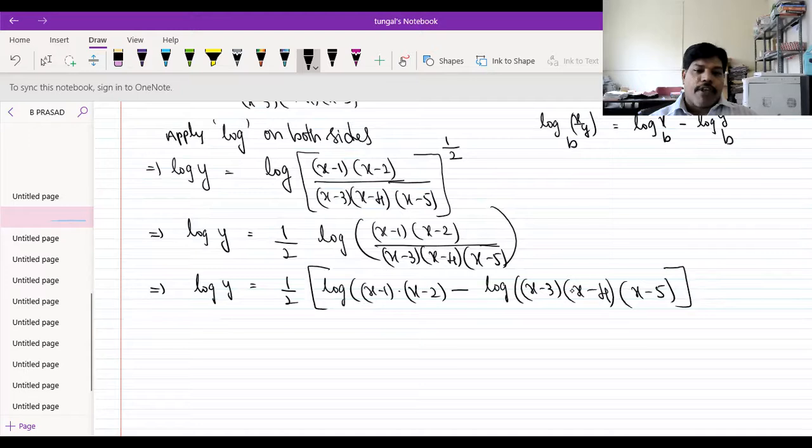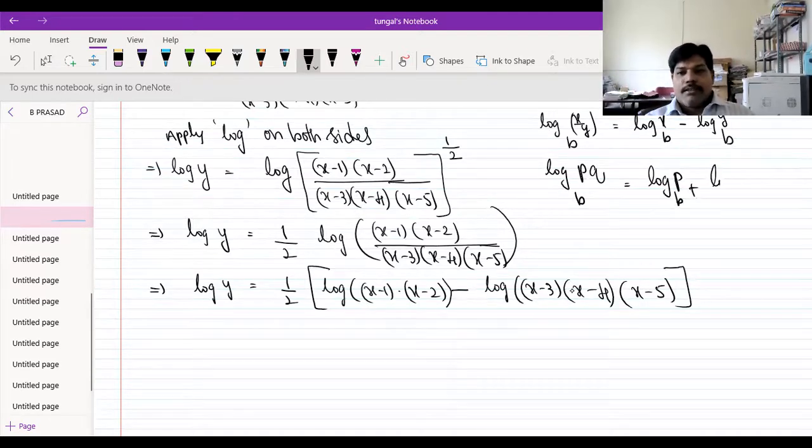So log of x by y you can write as log x minus log y. One more formula I have. What is that? Log of PQ base b you can write as log p base b plus log q base b.